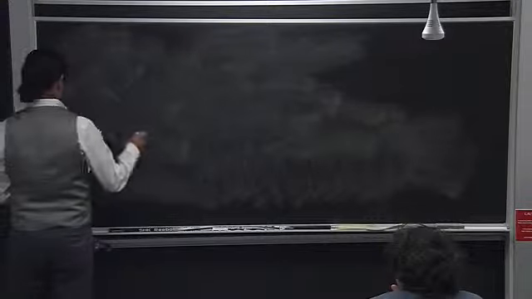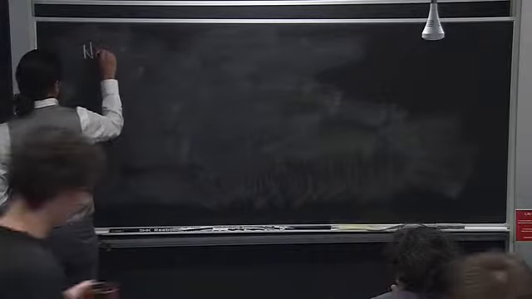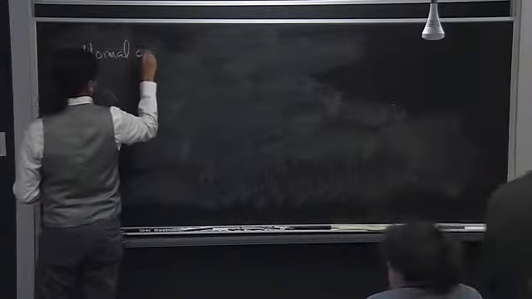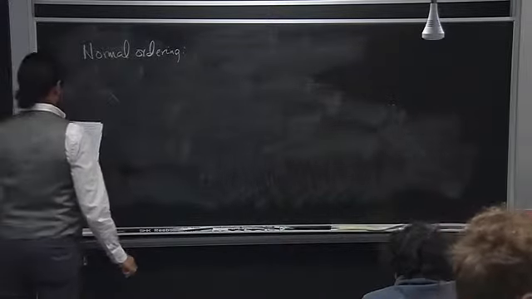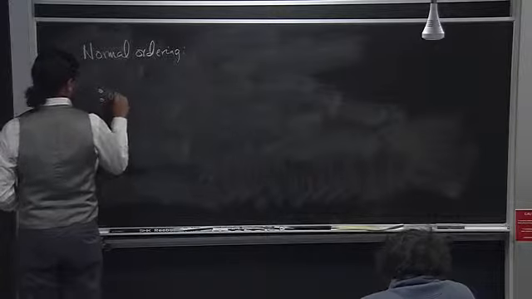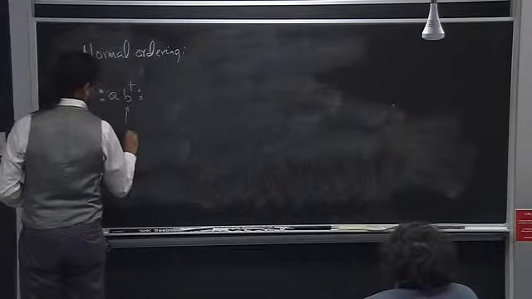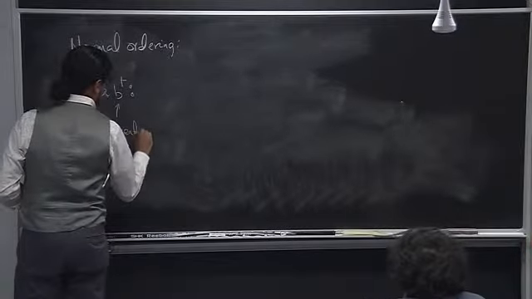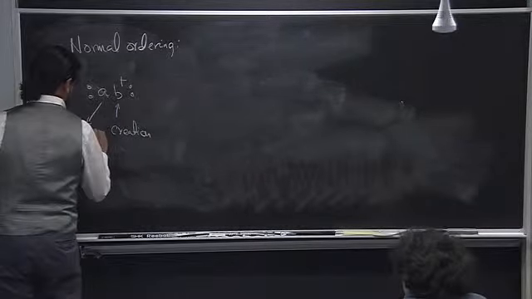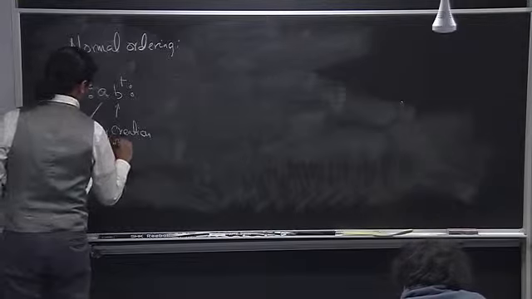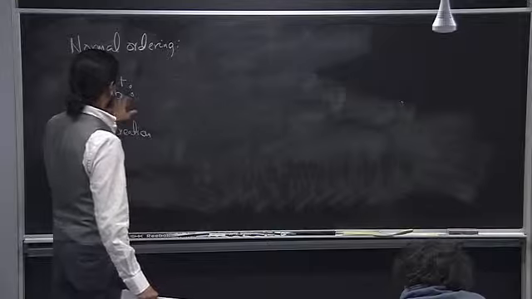So the fermionic normal ordering is defined in the following way. Suppose you have a creation operator and an annihilation operator. So this is a creation operator, and this is an annihilation operator. And normal ordering means taking the annihilation operator to the right of the creation operators.